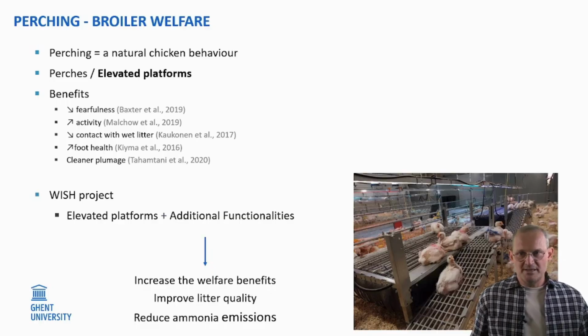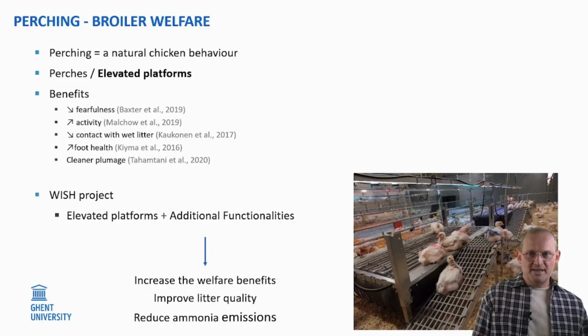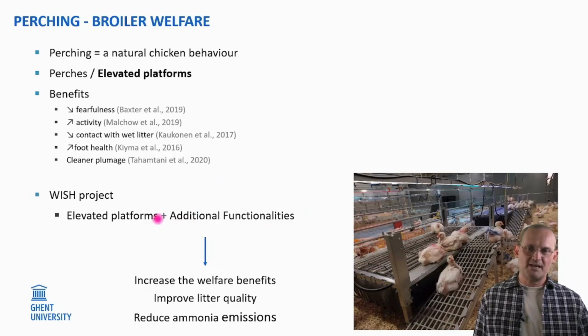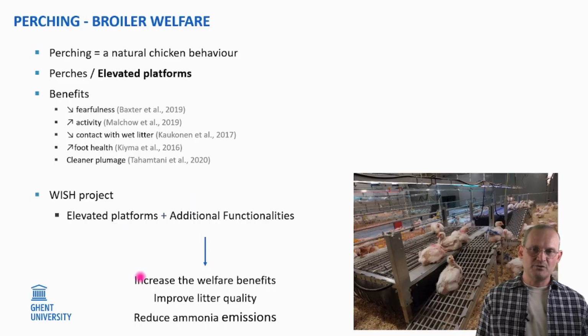So in a recent research project, we tried to add several functionalities to a normal elevated platform. These functionalities were aimed at increasing the welfare benefit of the platform, but also at improving the litter quality and reducing ammonia emissions.